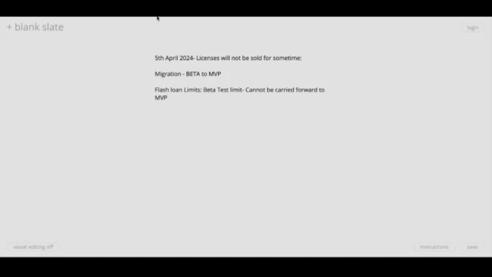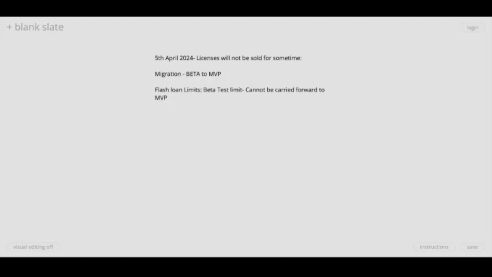You have to finish your beta test limit before we start consuming the MVP limit as a user. So till 5th of April, try to finish your limit.